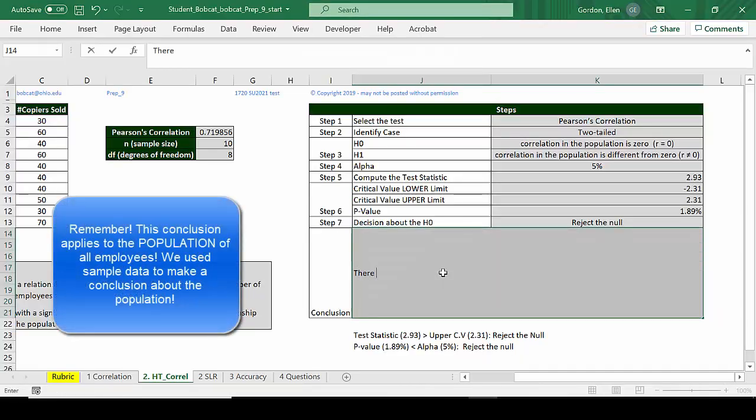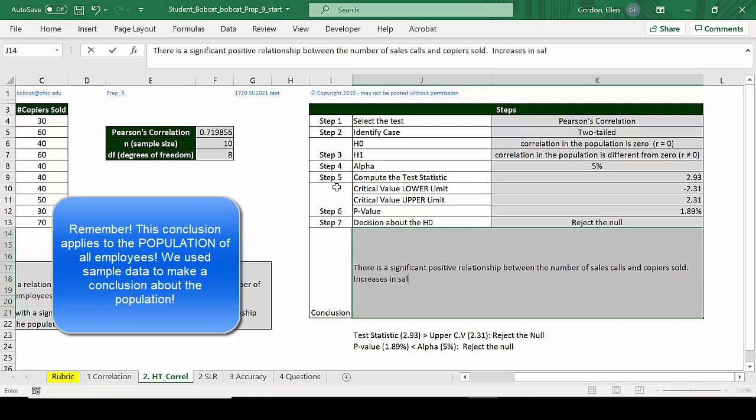All right, so let's write our conclusion. There is a significant relationship, and we can see from our correlation coefficient that we have a positive relationship, because the coefficient is positive. We covered that in the previous video. So there is a significant positive relationship between the number of sales calls and copiers sold.